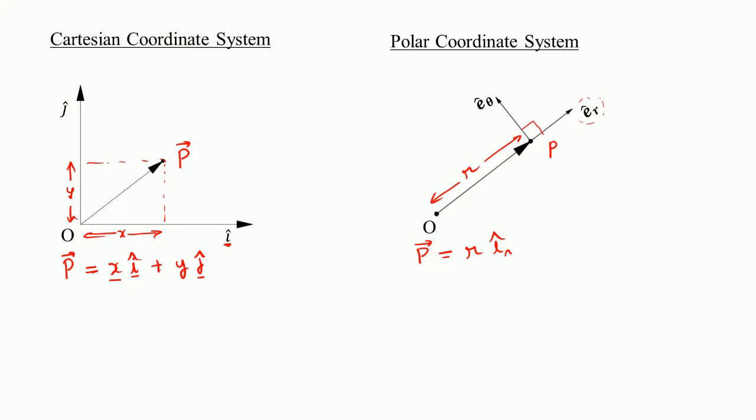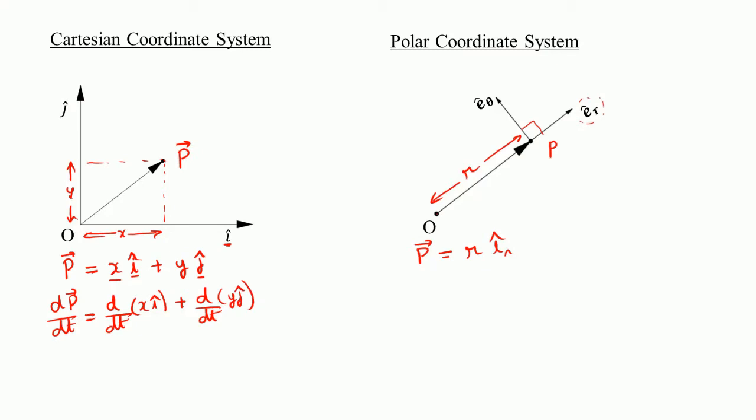If we have to take velocity, we have to differentiate the position vector with respect to time. So let us differentiate position vector with respect to time. So this will be dp by dt. Now this dp by dt can be written as d by dt of xi plus d by dt of yj.